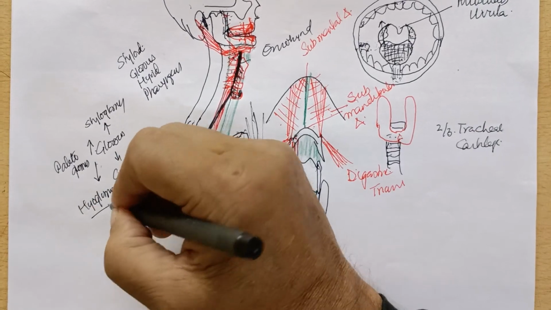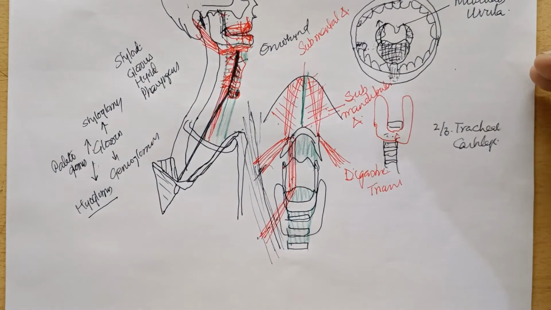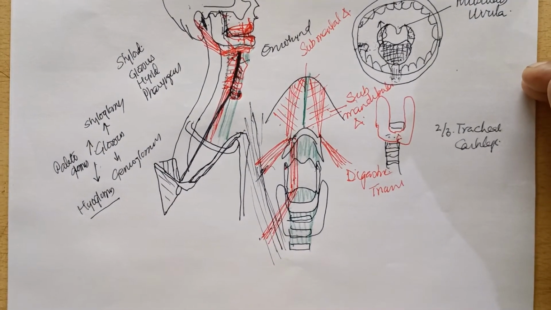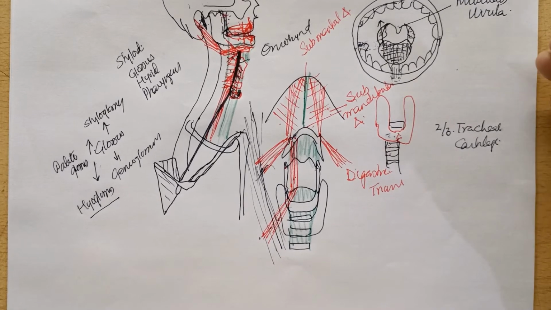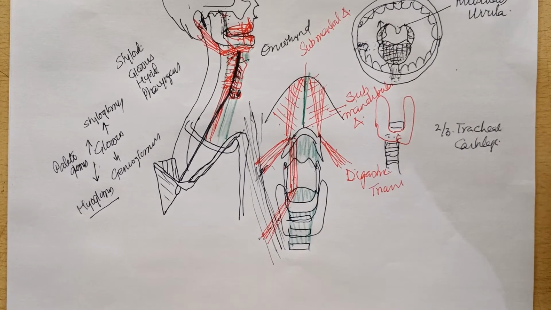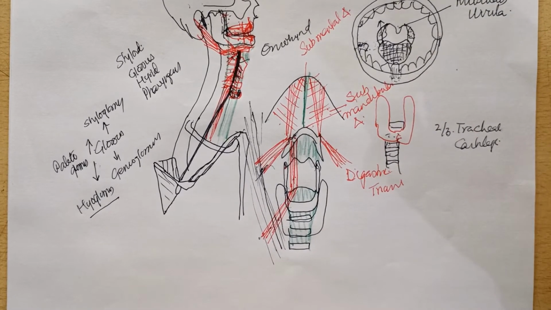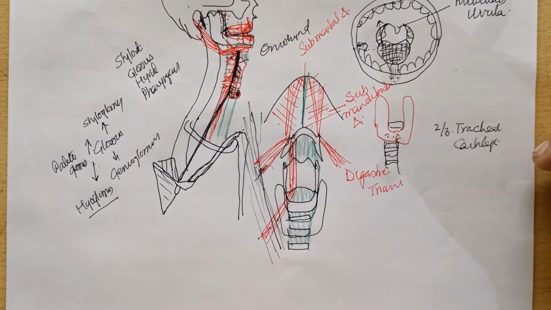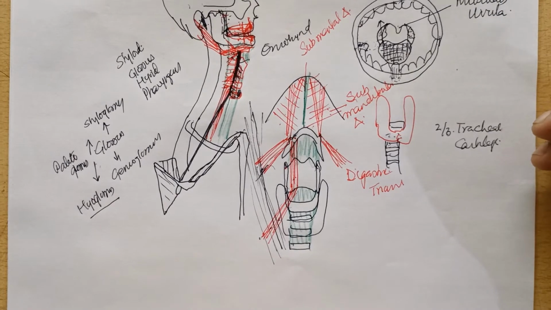So these would pull the tongue in any direction. All right. Styloglossus backwards, genioglossus forwards, palatoglossus upwards, and hyoglossus downwards. So this is a highly motile muscular structure here.